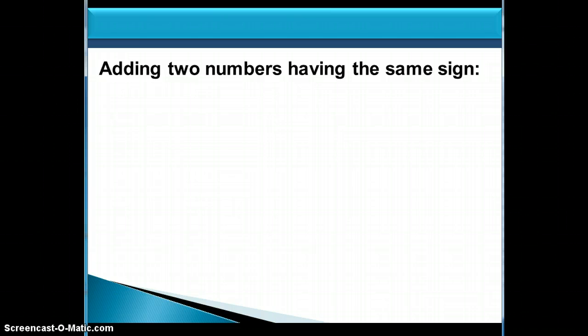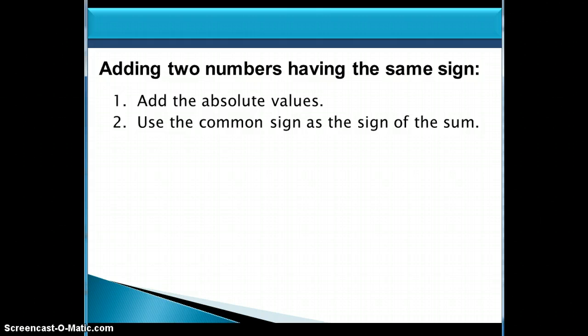So when we're adding two numbers having the same sign, we first add the absolute values of those numbers together, and then we use the common sign as the sign of the sum, or the sign of our answer. So for example, if we're adding -3 and -7, those both have the same sign. Those both are negative numbers.